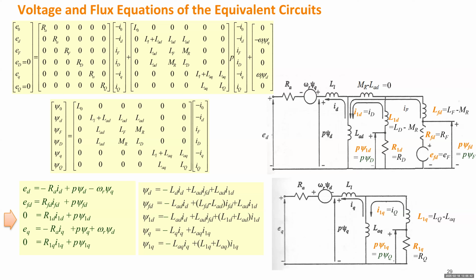The next term, LAD multiplied by IF, will be LAD multiplied by IFD. Your IFD is simply IF, the same current. Then the last term is LAD multiplied by ID. From this figure, ID, I capital B, becomes I1D. So it will give you this last term.